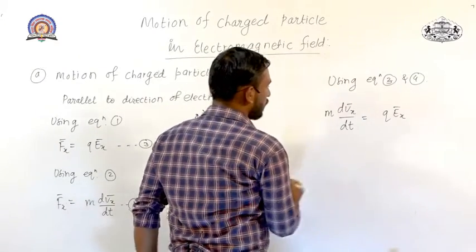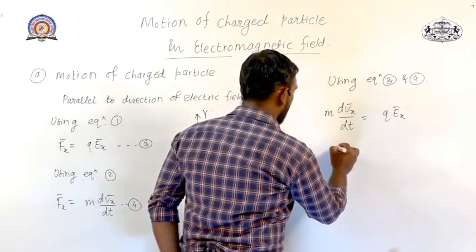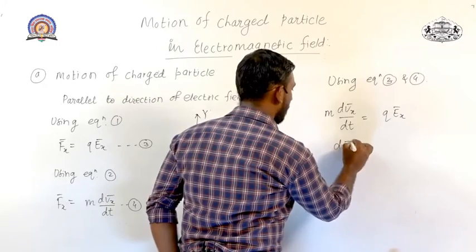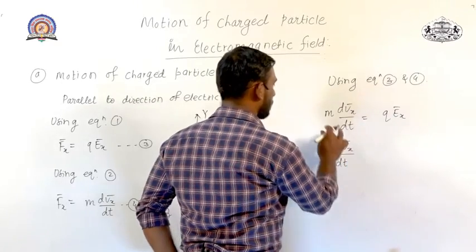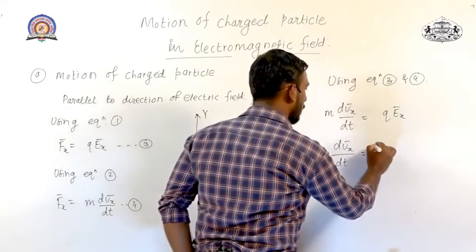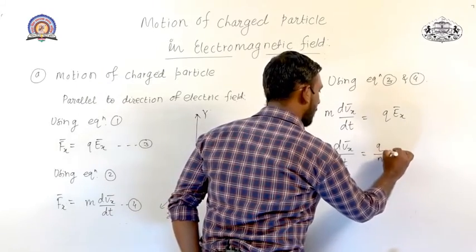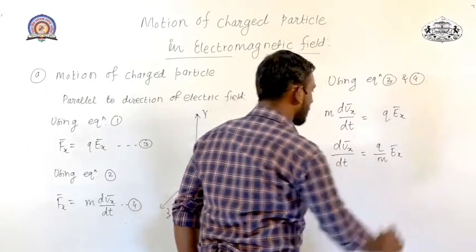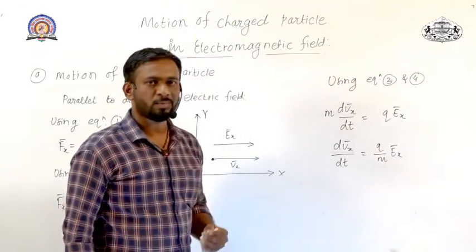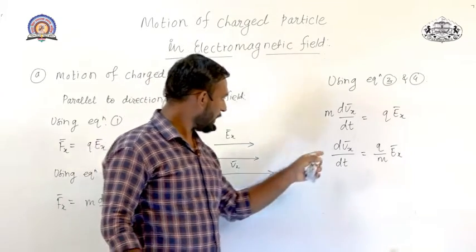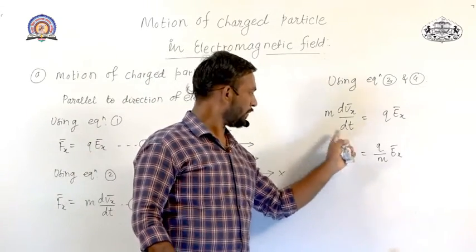Let us do some mathematical arrangement. For dvx/dt, I move the m to the other side, so dvx/dt = (q/m) Ex. Our aim is to find the motion of the charged particle, so we have to extract the x term from this velocity term.